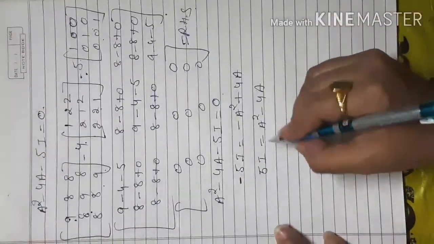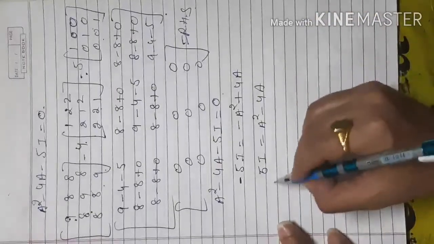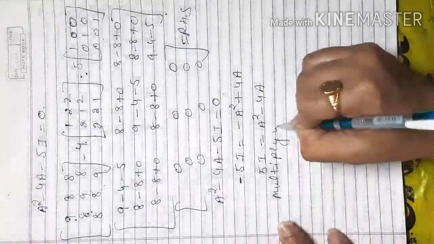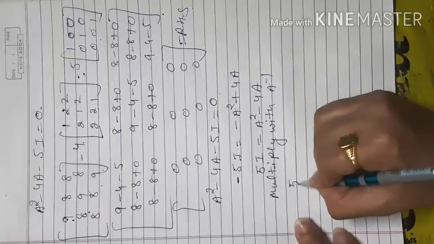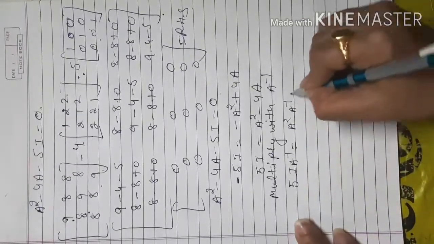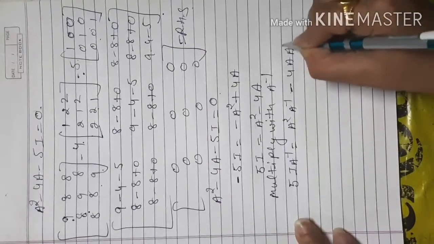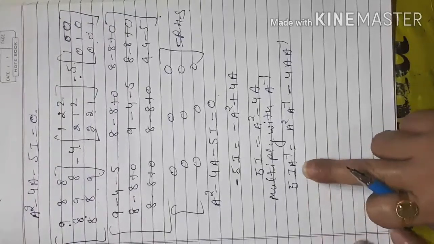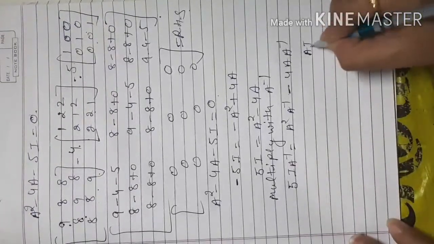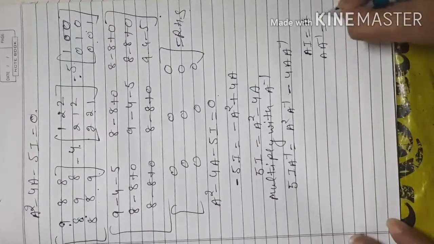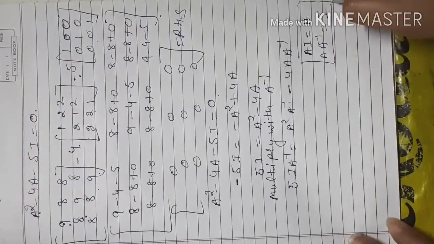Now you have to multiply both terms with A inverse: 5I A inverse, A square A inverse, then 4A A inverse. There is a rule that if any term is multiplied with the identity matrix, like AI, it becomes A, but if you multiply A with A inverse, that becomes I, the identity matrix.